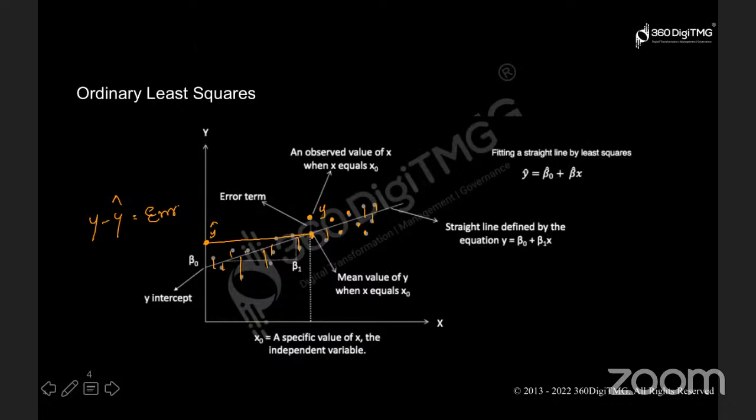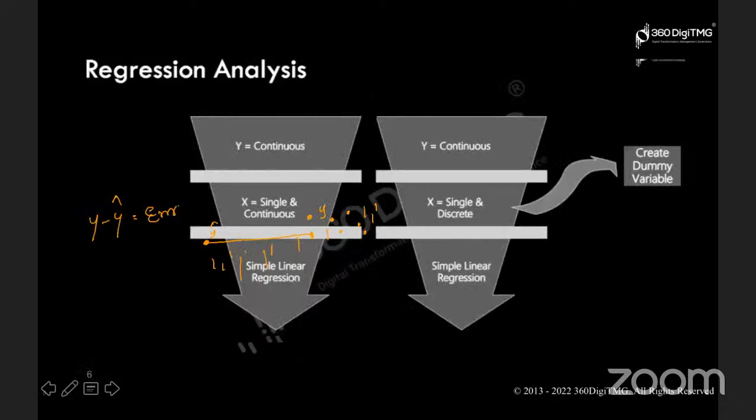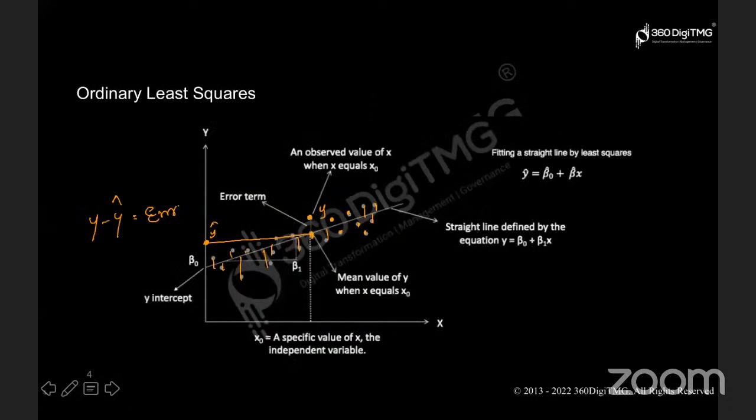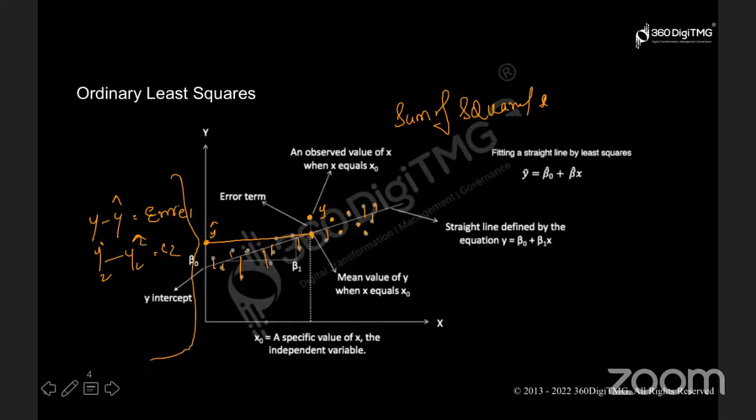So what is your interest here? Your interest is to find out the best fit line such that the sum of the squared errors, these errors you are getting, this is E1, and one more you have, E2, the sum of the squared errors should be least. This is called the OLS technique.